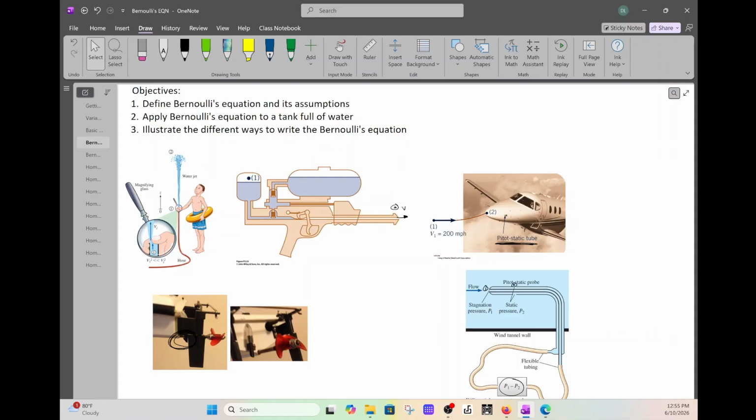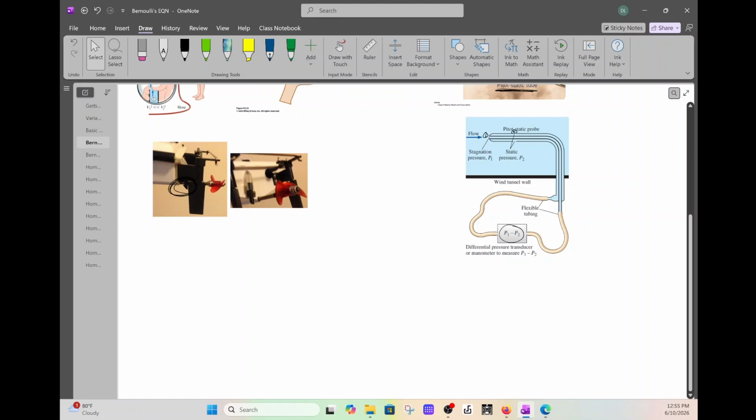There is no input of power, like shaft work. Okay, we're talking incompressible flow and no heat transfer. Okay, so this is the equation.